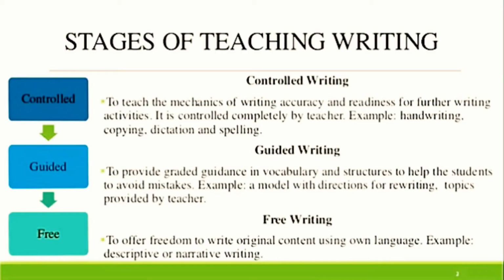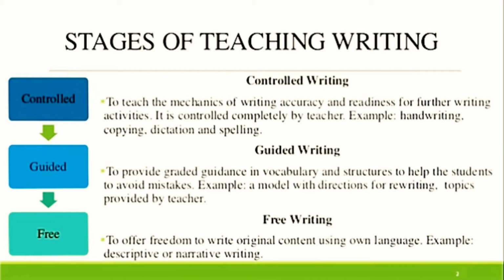Writing can be of different types: controlled writing, guided writing and free writing. Controlled writing. To teach the mechanics of writing accuracy and readiness for further writing activities, it is controlled completely by the teacher. For example, handwriting, copying, dictation and spelling. Then next is guided writing.